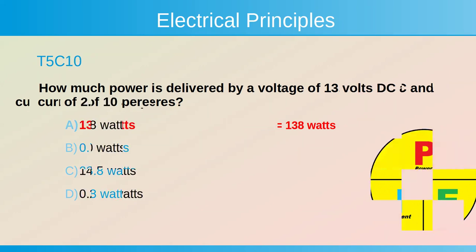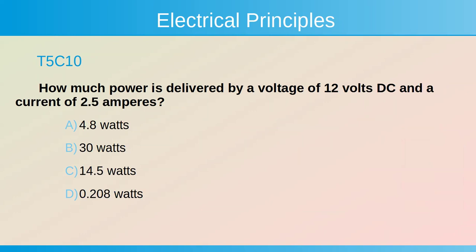These letters and numbers that you see represent the sub-element, the group, and the question number that's in the pool. These are actual pool questions. And it says that for sub-element 5, group C, this is question number 10.